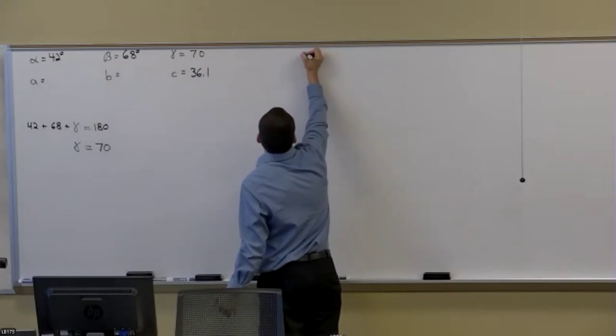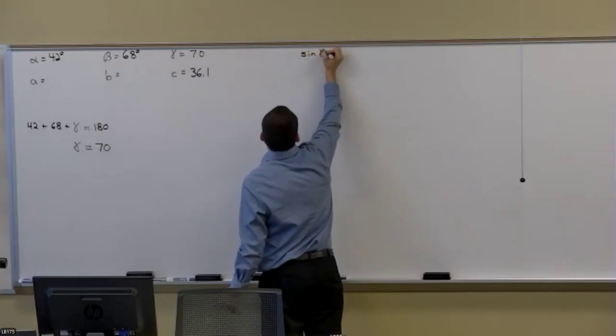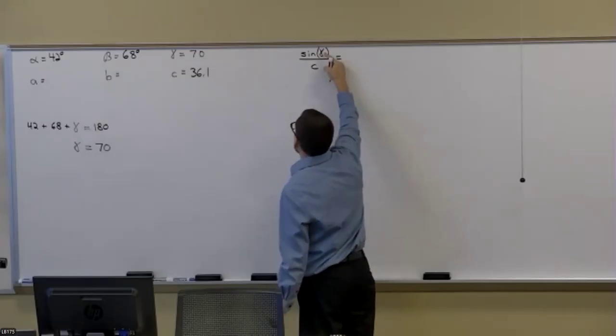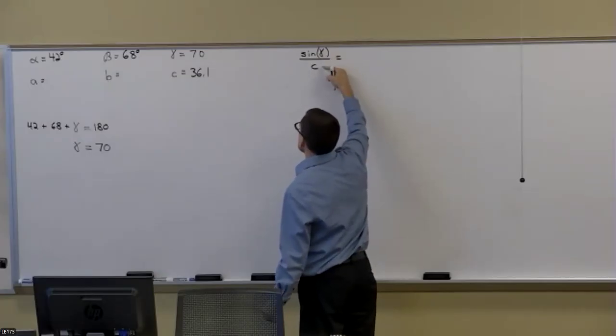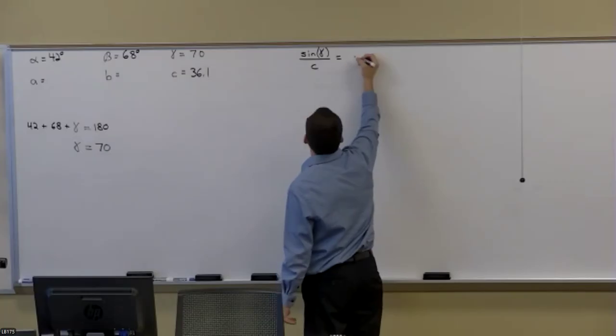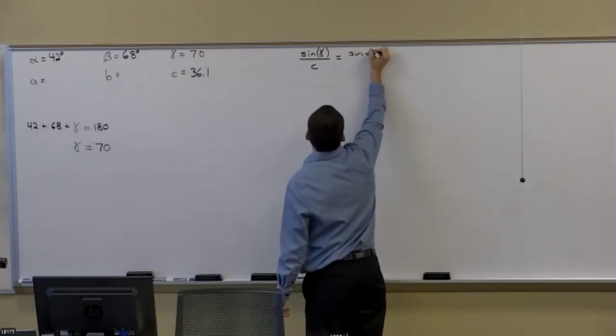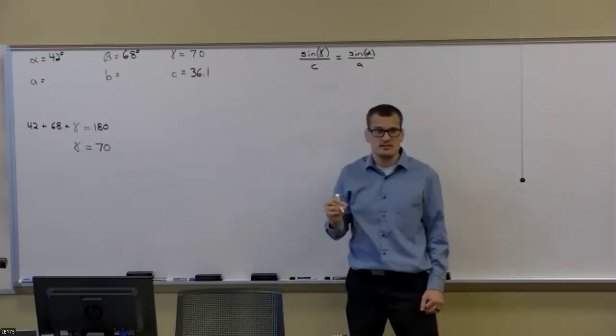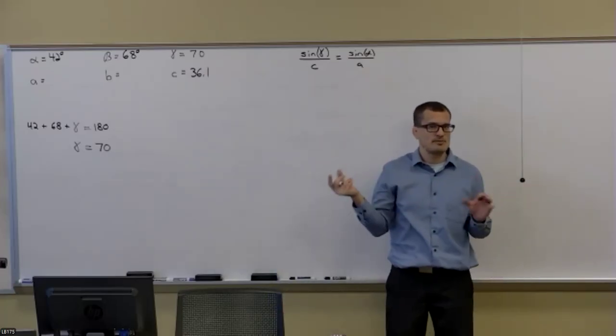I don't know which way you like to write things. Some people like to write sine of gamma over C as the left-hand ratio, and then sine of alpha over A is the right hand when you don't know A. Other times people flip-flop that.